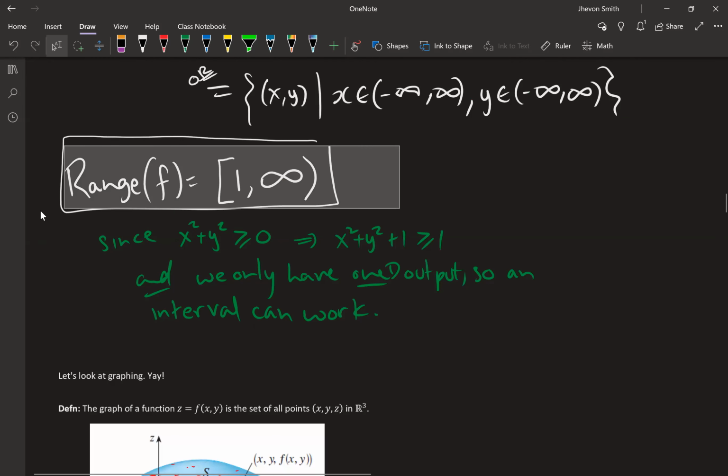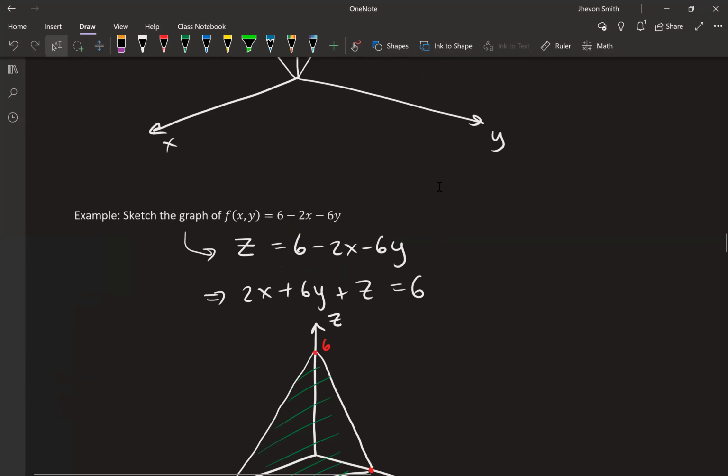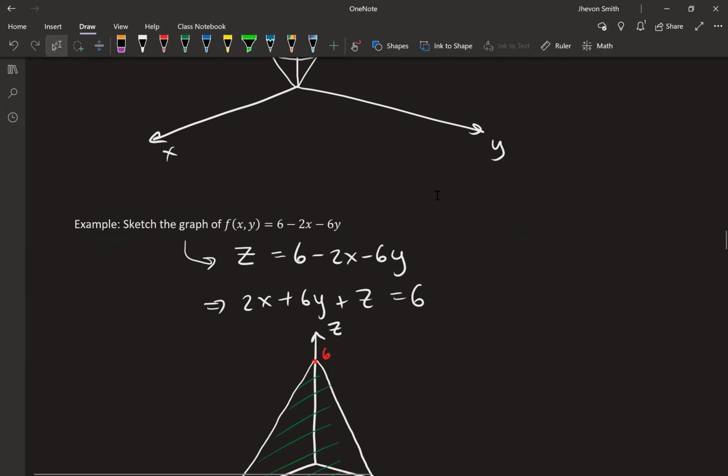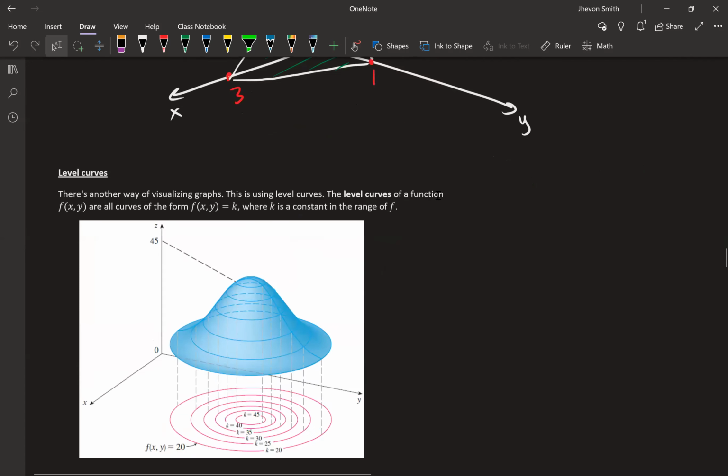Your range you can still write as an interval because that's, again, still measuring one thing. It's only measuring something on the z-axis. So you can represent all possible values as intervals for the range. The graphs will be 2D surfaces, and they could be any of the kinds of surfaces that I already taught you how to sketch. So yeah, there we go.